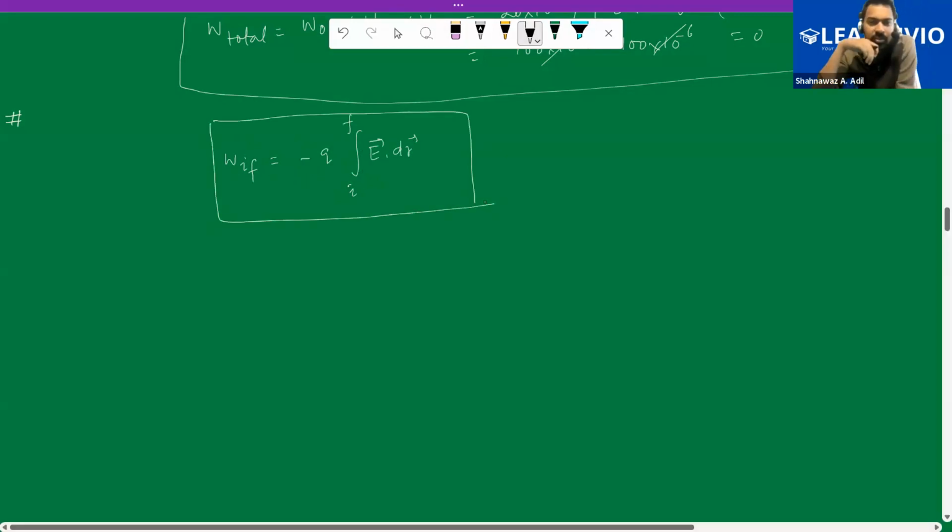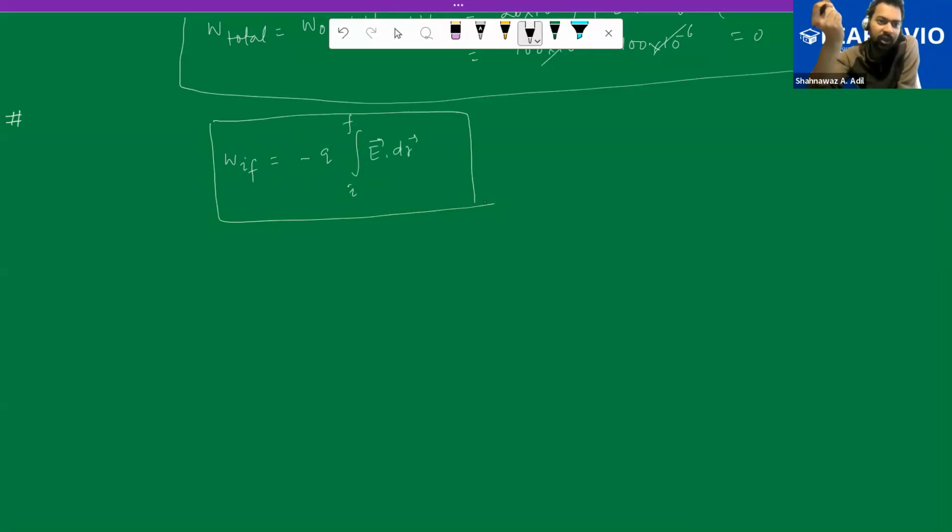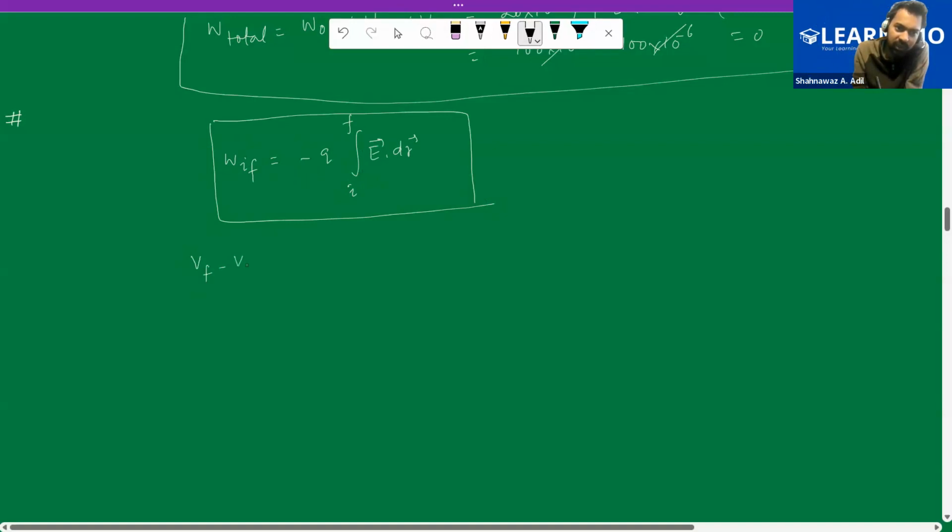Now, the potential difference is simply the work done in bringing a unit charge. So the potential difference, V final minus V initial, is simply the work done in bringing a unit charge from the initial point to the final point.